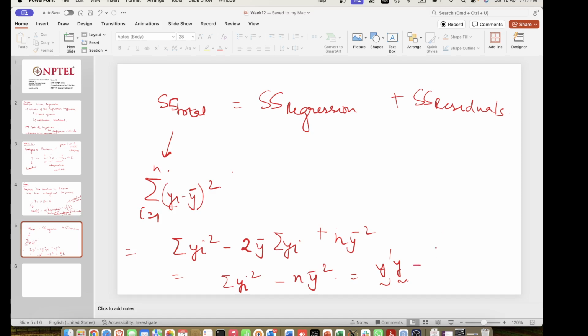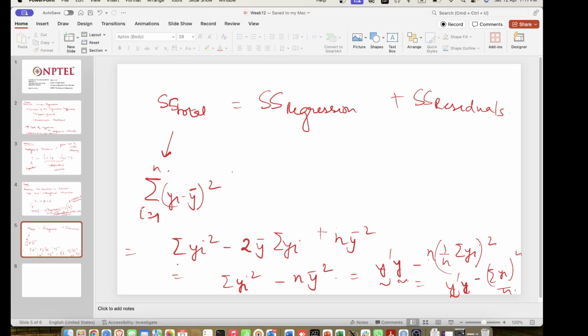n y bar square, where y bar is 1 by n summation yi, so whole square into n. This translates to y transpose y minus summation yi whole square by n.